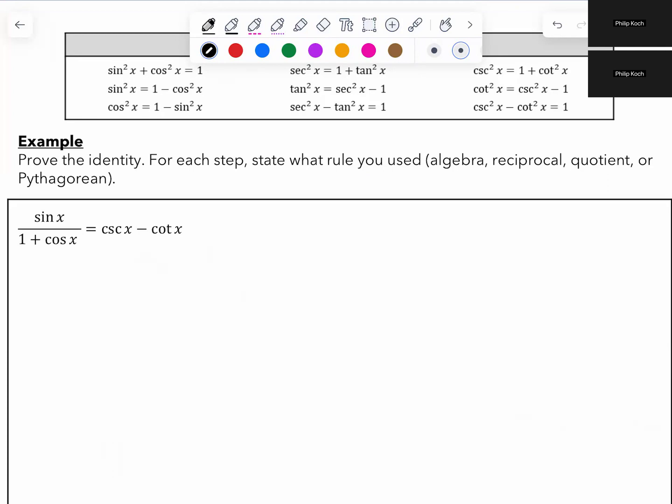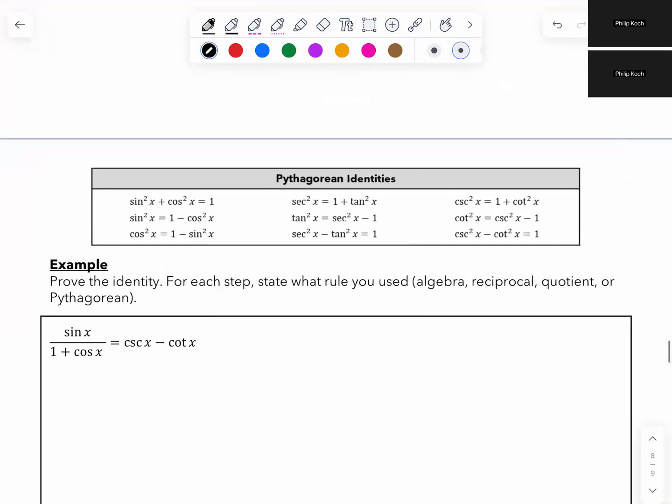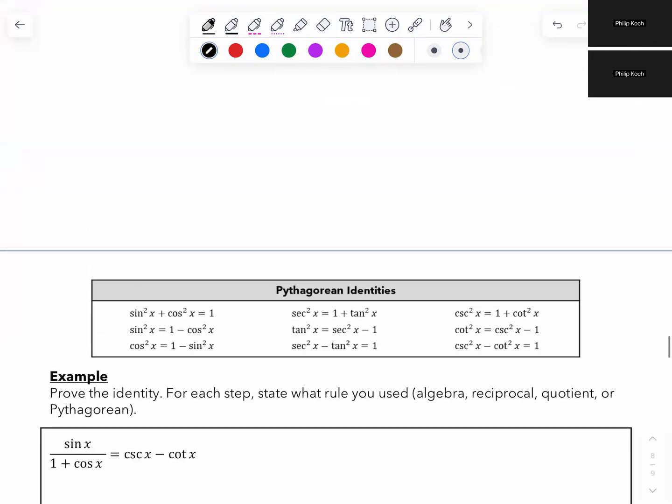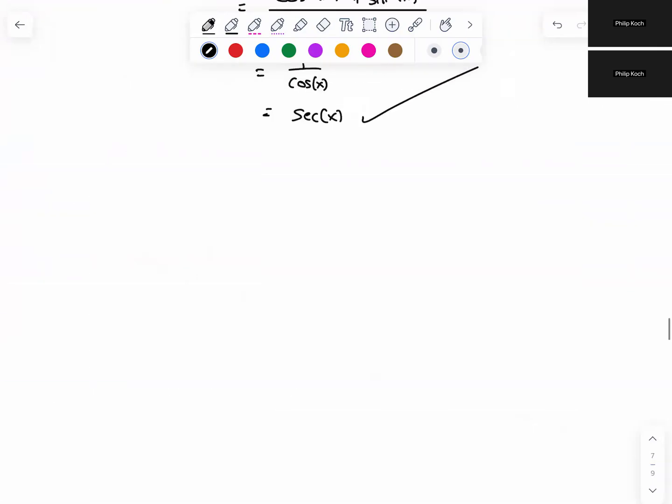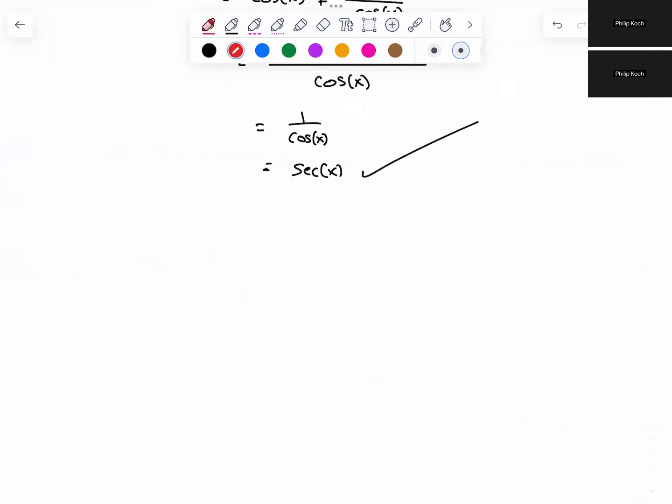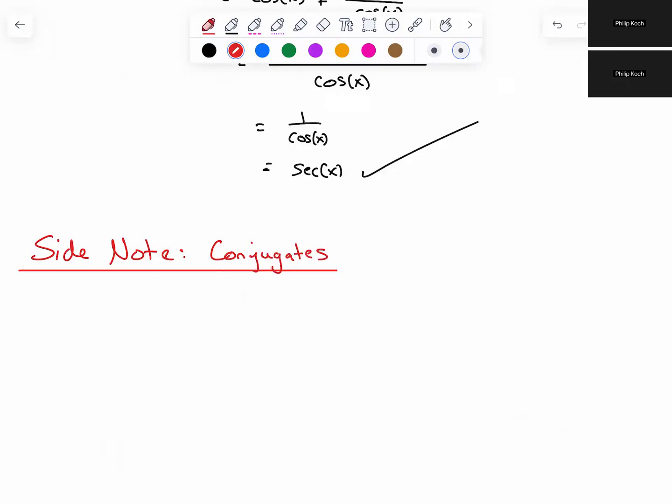Okay. I actually want to add something in here that is an important detail that we don't have enough space for. I need to edit this document, but I want to take a side note on conjugates. Does anybody remember what a conjugate is?